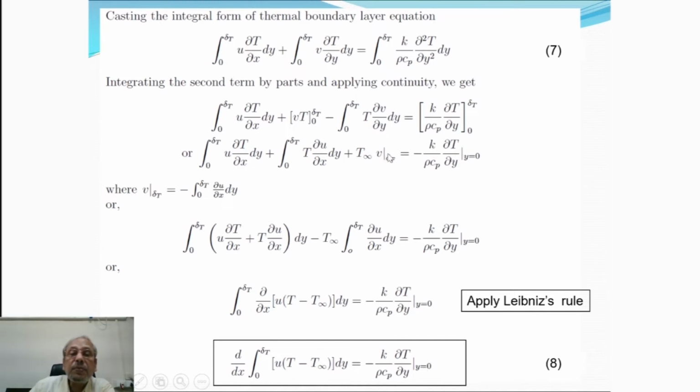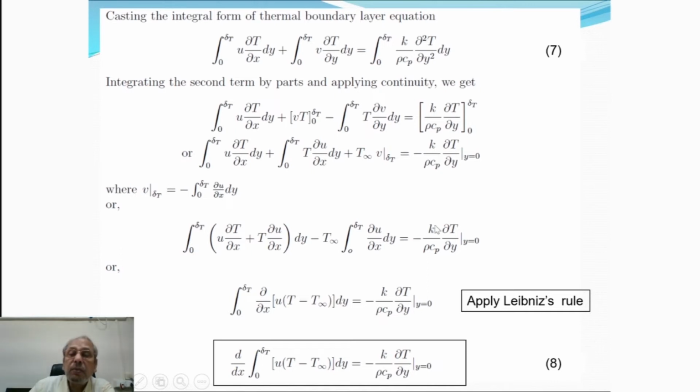So if we substitute v as this term, minus integration between 0 and delta T del u del x dy, then these first three terms we can combine as integration 0 to delta T of u del T del x plus T del u del x dy, minus T infinity times 0 to delta T del u del x dy. So the first three terms can be rearranged in this way.